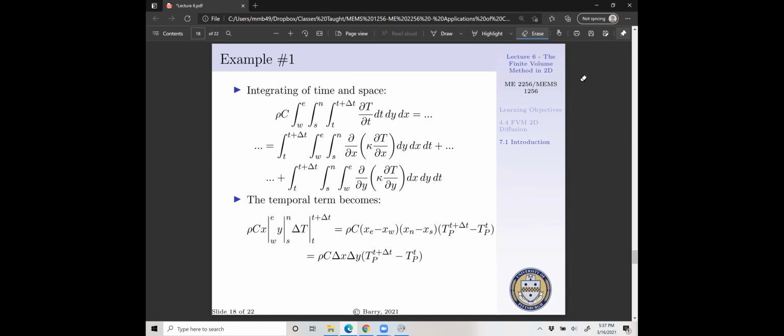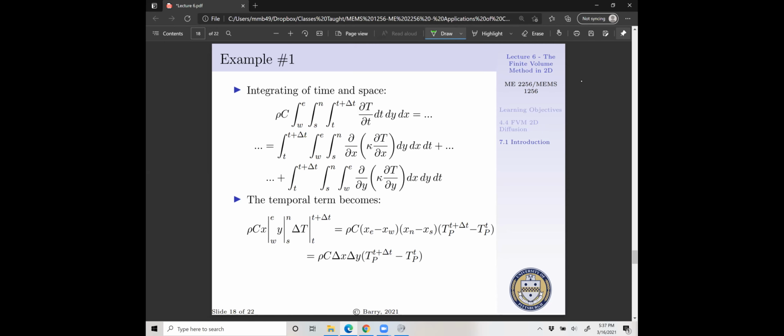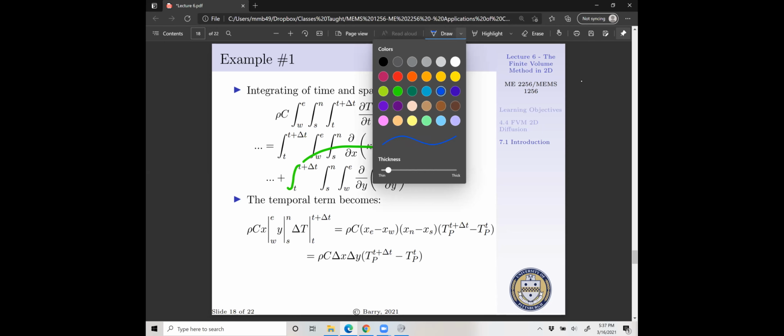And we're going to do the same thing, except we're just going to switch our bounds of integration. It doesn't matter because what you're going to see momentarily is how this plays out. So we're going to integrate from t to t plus delta t. That'll be our outside bound of integration.